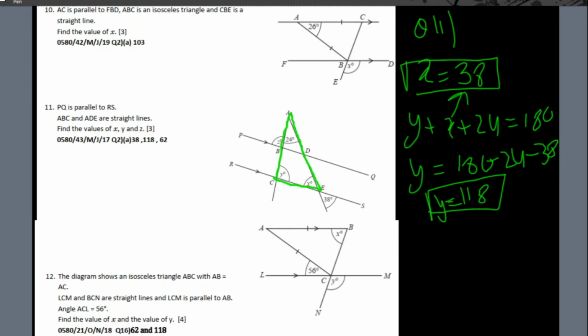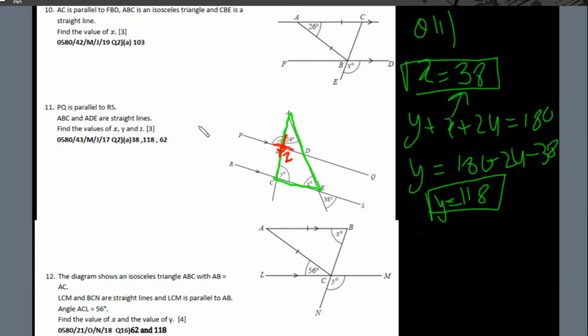Next we have to find the value of z. So z is vertically opposite to this angle, so this is also z. Next, z and y are interior angles because these are two parallel lines being cut by a transversal, then the sum of these equals 180 and these are called interior angles.